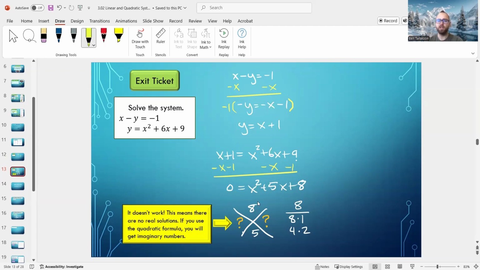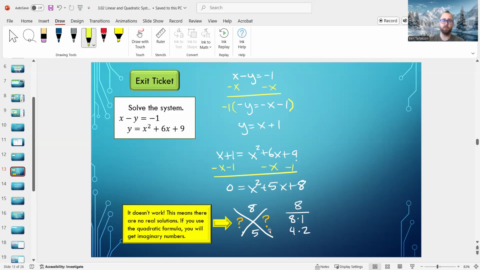And now we try the x method, but something interesting happens. It doesn't work. That's possible. So you need to double, triple check your work to make sure there were no mistakes because remember, there can be 0, 1, or 2 solutions. And if this doesn't happen, that means there are no real solutions. So if that's an answer choice, that's the one you want to pick.